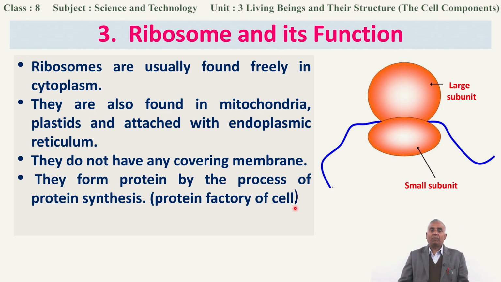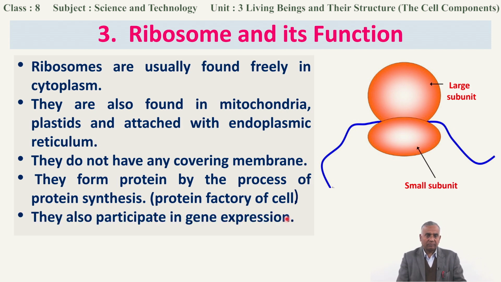They form protein by the process of protein synthesis. That's why they are called the protein factory of the cell. Yes, okay. They also participate in gene expression. Gene expression means genes are what? I told you DNA. DNA is the main component of gene. What is the function of DNA?